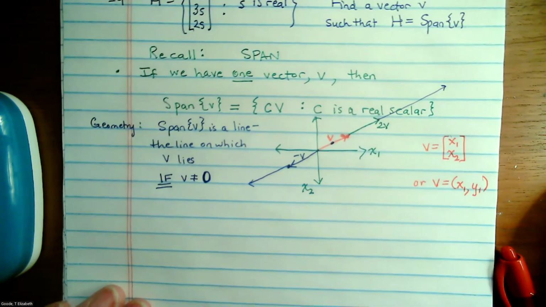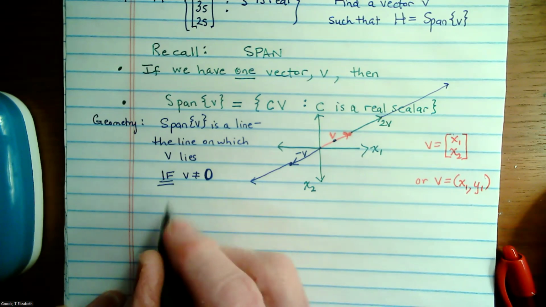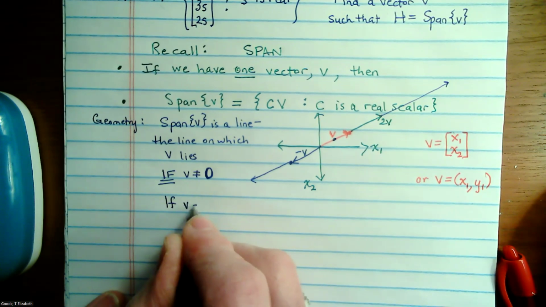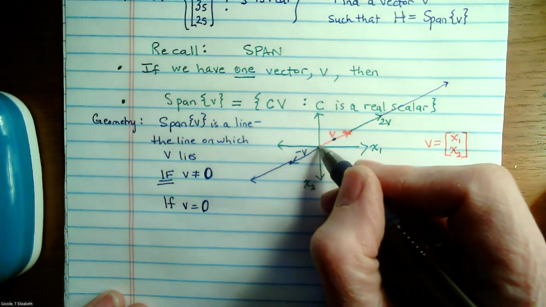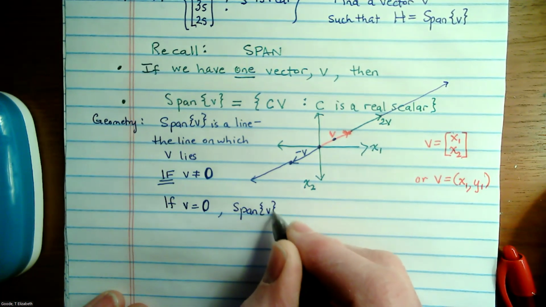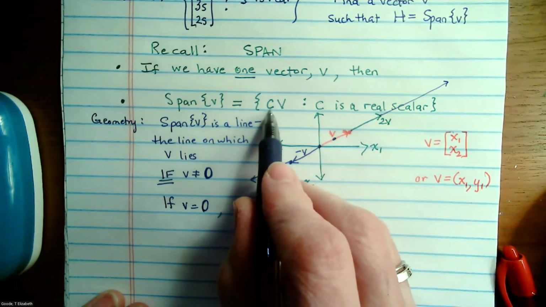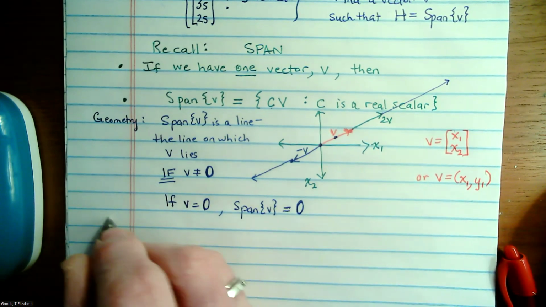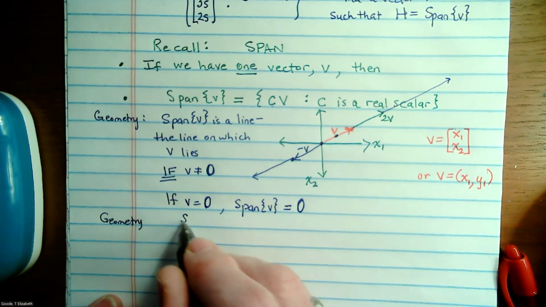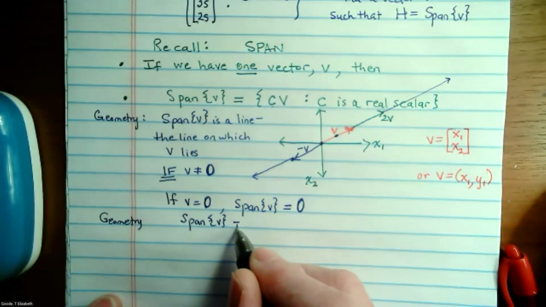Now, if V is just the 0 vector, which if we drew it here would just be this point here, then the span of V is just the zero, because when you multiply zero by any scalar c, you just get zero. And so the geometry of the span of V when V is zero is that the span of V is the origin. It's just a point.